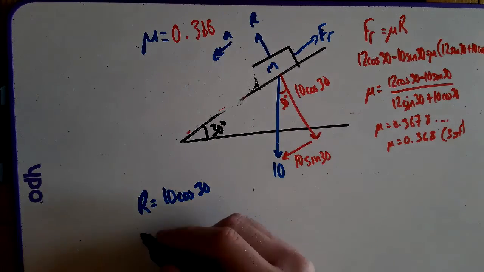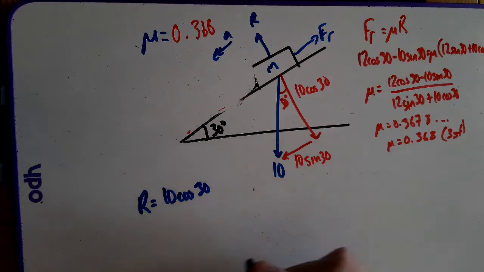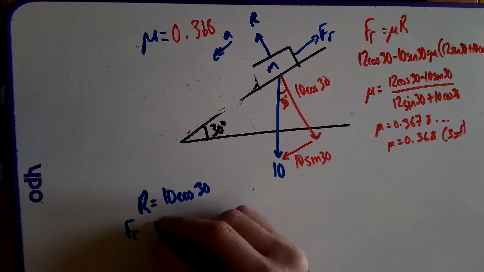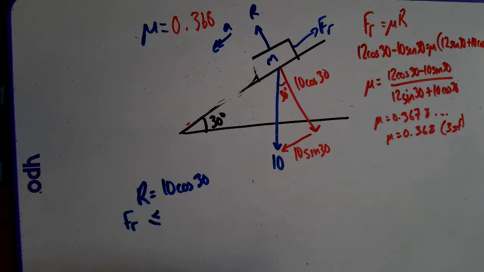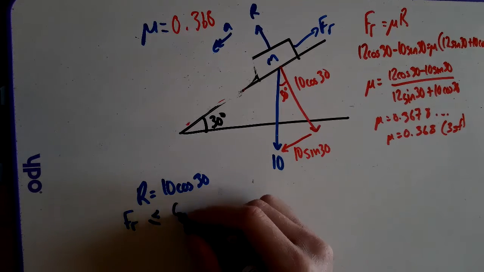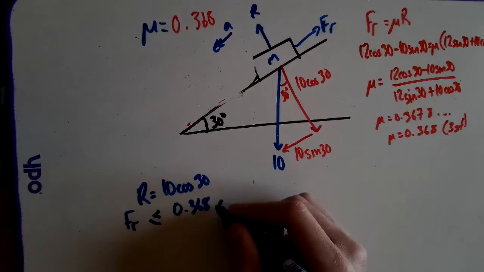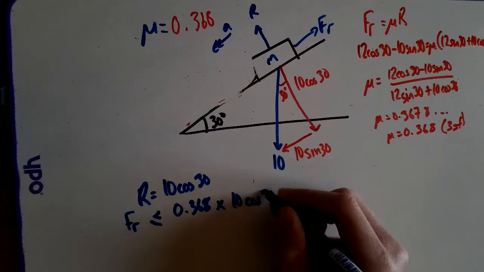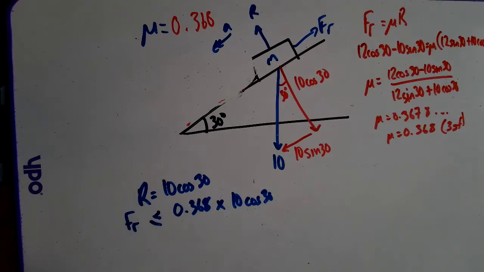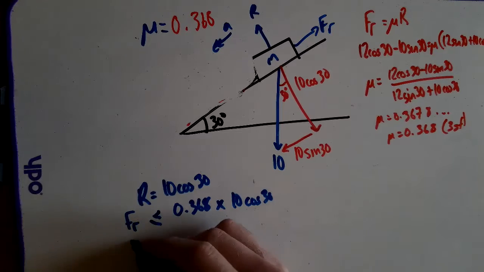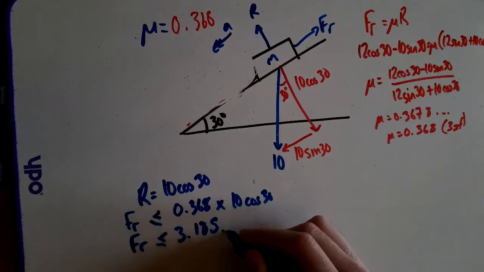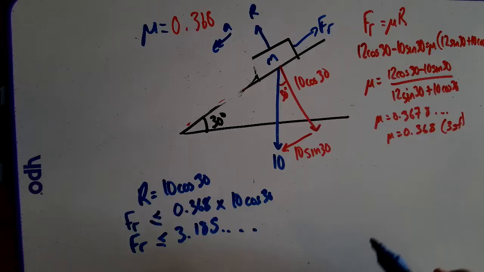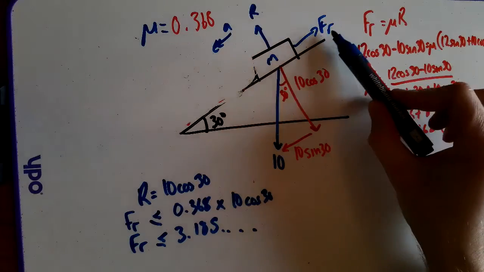Now I'm then going to times it by my mu to get what the maximum friction can be. This one's less than or equal to, so I don't know if it is moving or not. So it's equal to 0.368 times 10 cos 30. I'm going to type that in my calculator. So I've got friction is less than or equal to 3.185, goes on forever. So that's what the maximum this can be.